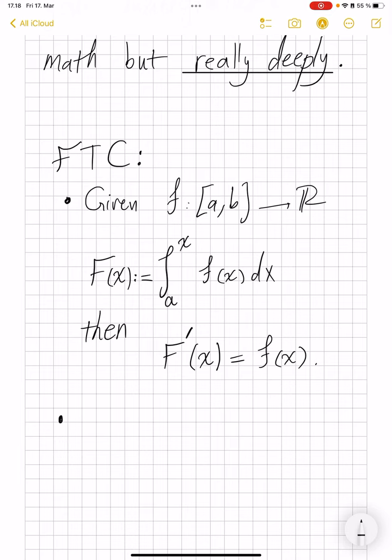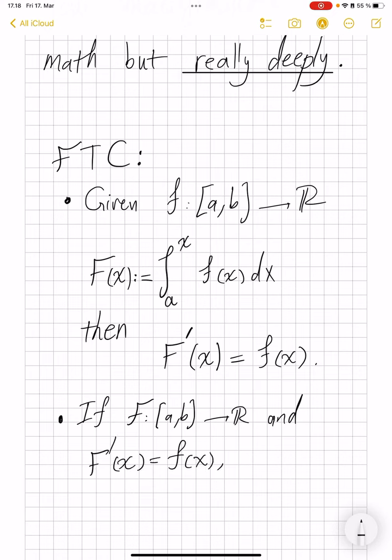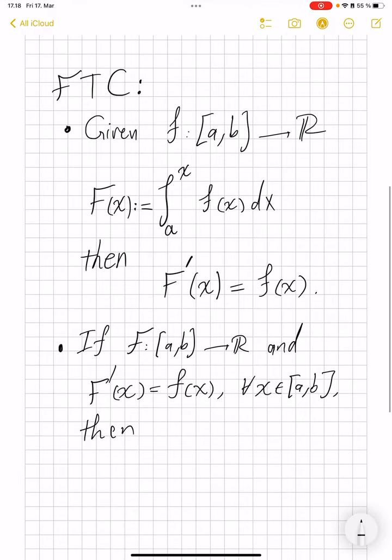Version 2 starts with the capital F. If you begin with any F, and it happens that the derivative of F equals f of x on this interval, then the integral from any x to y of f(t) dt in that interval.